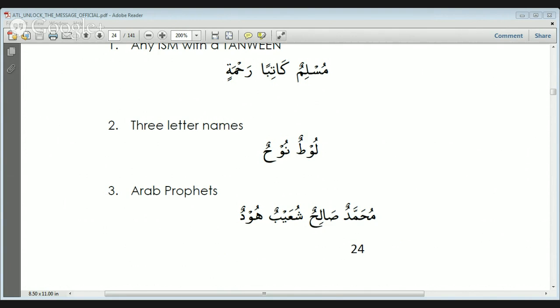So we said by default, the Arab prophets, or the Arab names for the most part, are considered fully flexible. So Hud, it doesn't matter whether he's 3 letters, 4 letters, 5 letters, he's an Arab. So he gets tanween on his name usually. Same here. But for example, if your name is Lut, Lutun, not an Arab, but we like you because you have 3 letters in your name.